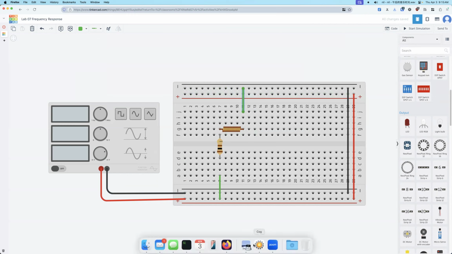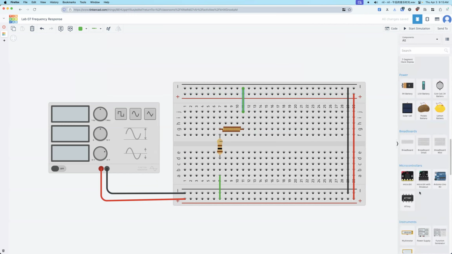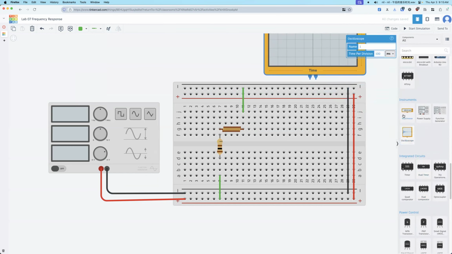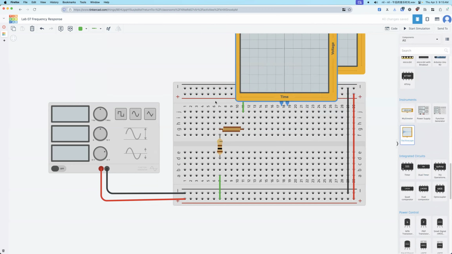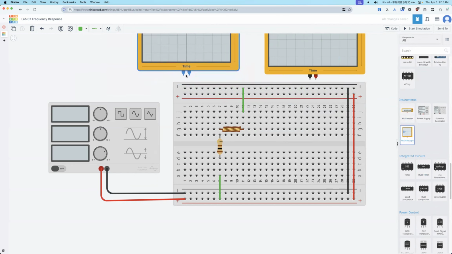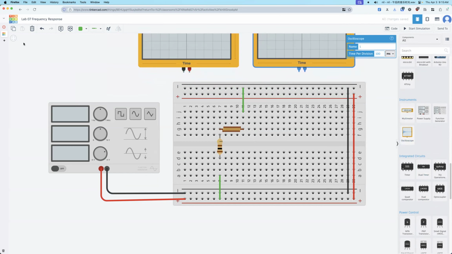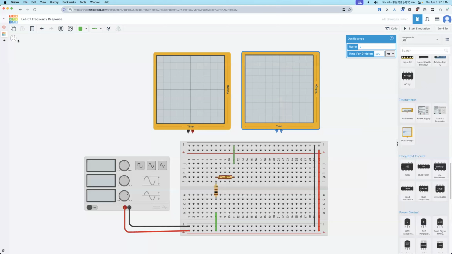Then the last one, we need the oscilloscope. We need 2 oscilloscopes. So 1, 2, go up a little bit. Then click this button for feed. Change to red.